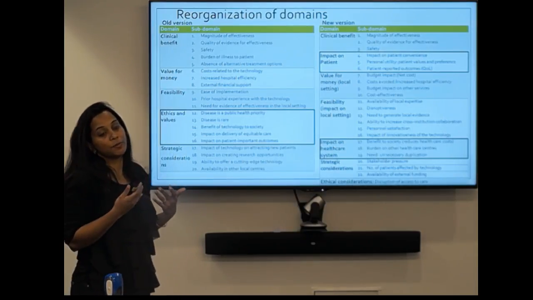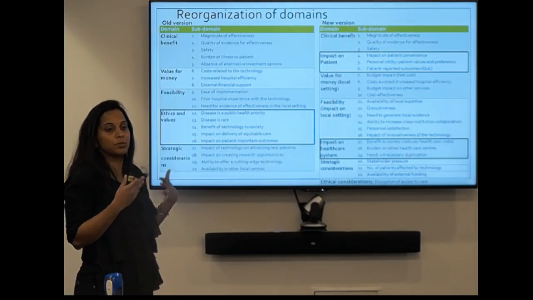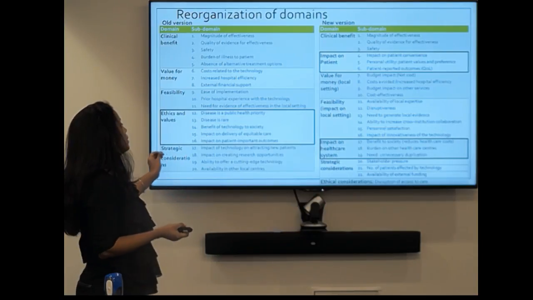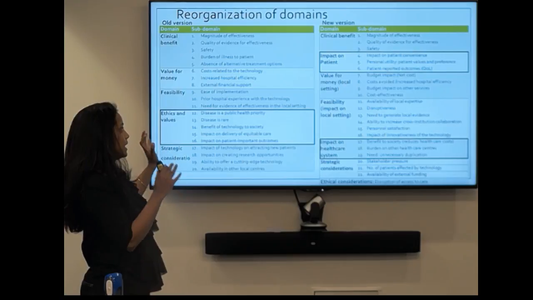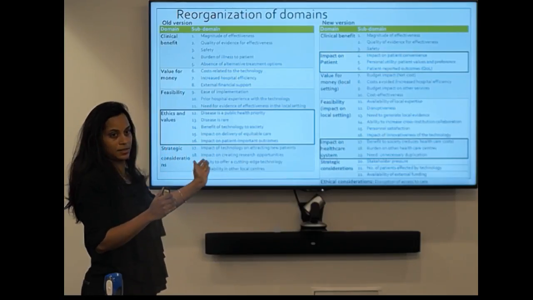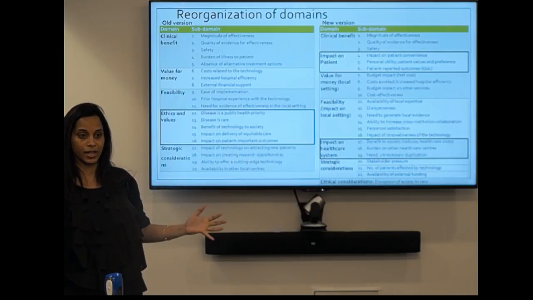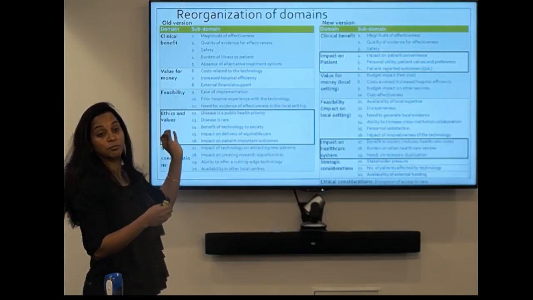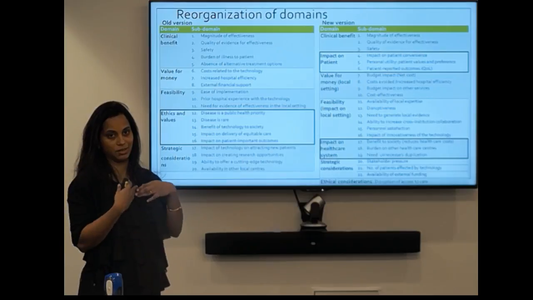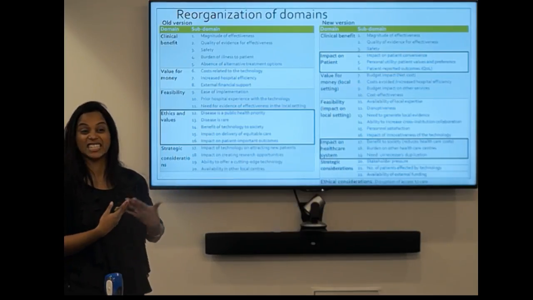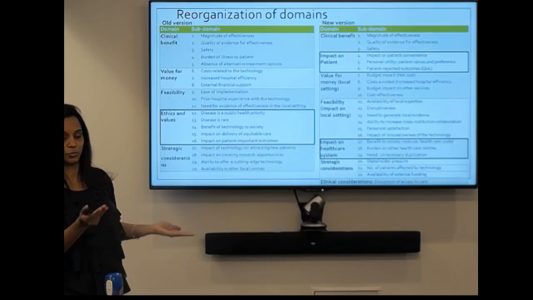No, but the problem was that we couldn't put our finger on what defines ethics, and so the idea was that we have to keep these criteria, but not put them under the umbrella of ethics and societal values. We would have more specific terms that spoke to the people more, because when you ask me what is an ethical consideration, I'm not entirely sure which way it goes.